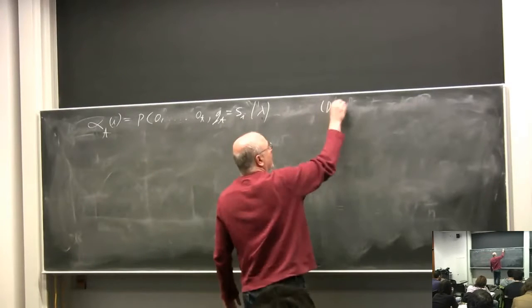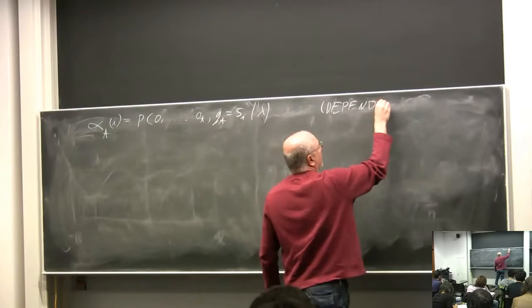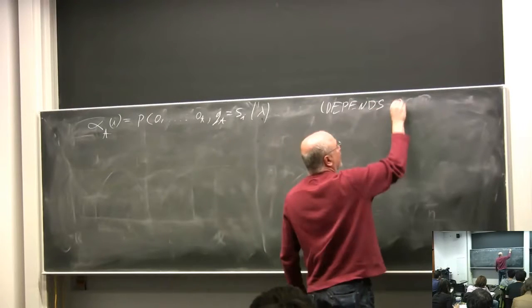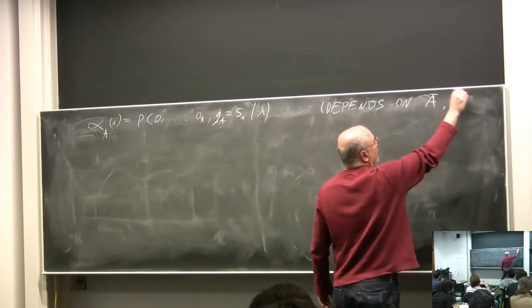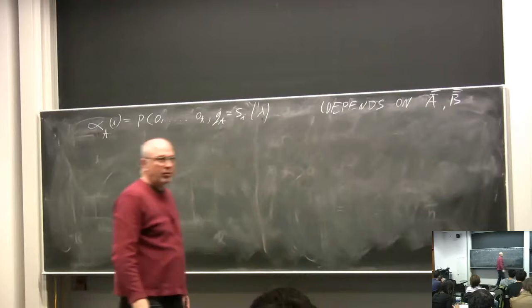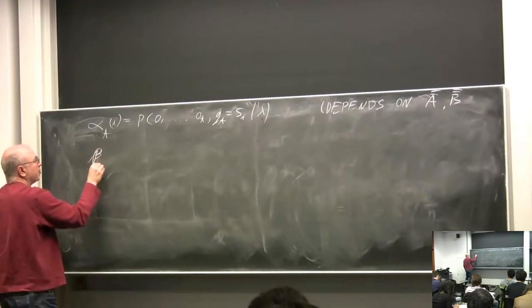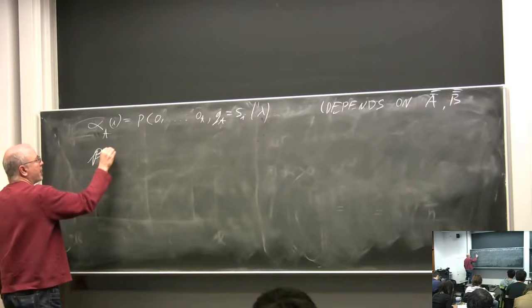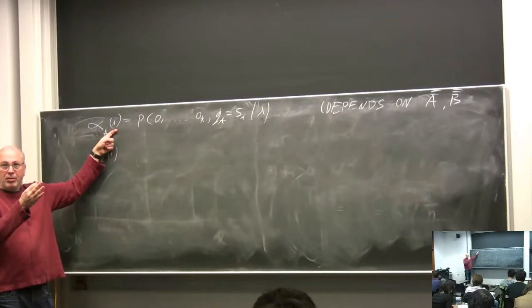The actual values depend on the A and B. We also calculated something we call the beta. It has very similar indices, and the way we calculate this is with a table.